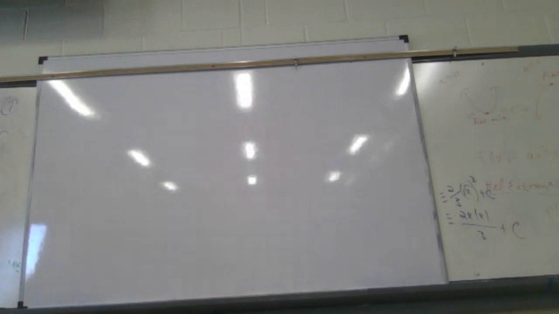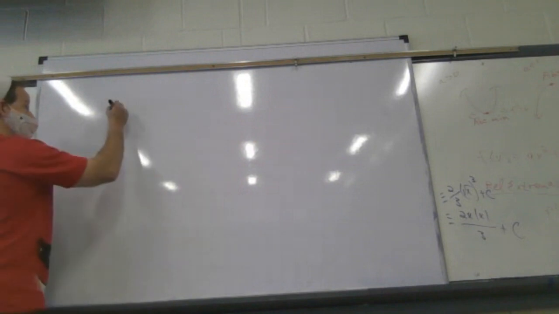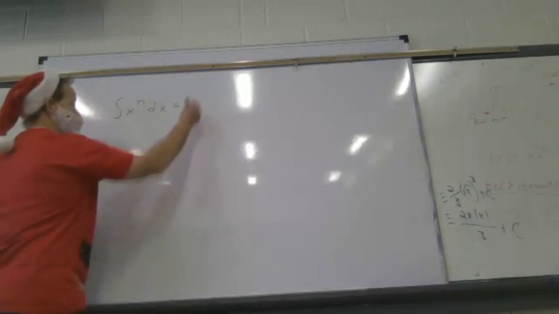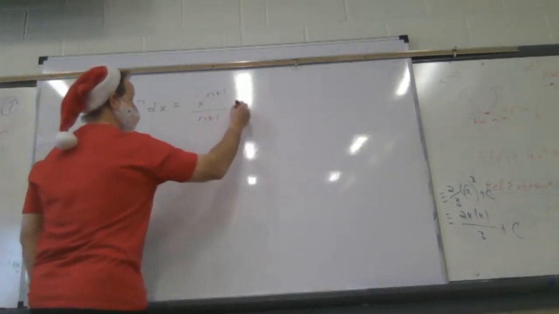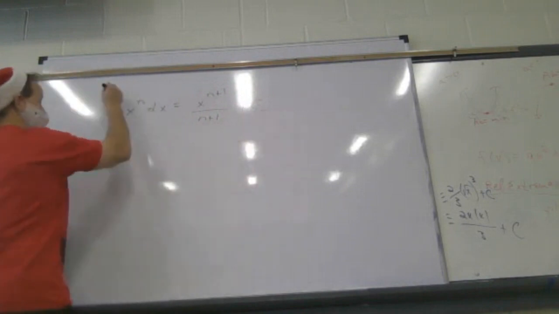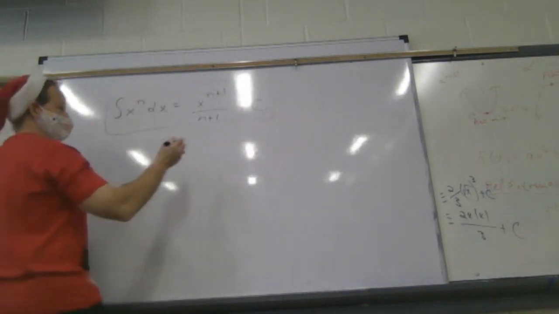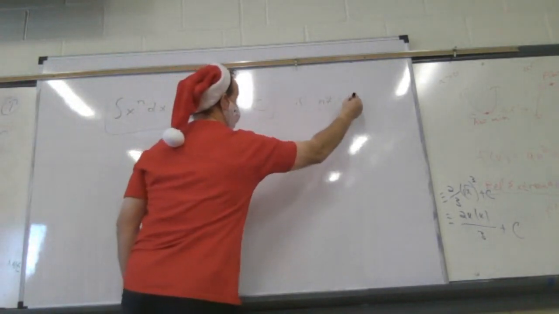But we talked about some antiderivative rules. So yesterday we had the antiderivative of x to the n power with respect to x is x to the n plus 1 divided by n plus 1, plus c for a family of antiderivatives. That was one of the theorems. This is true if n is not equal to -1.